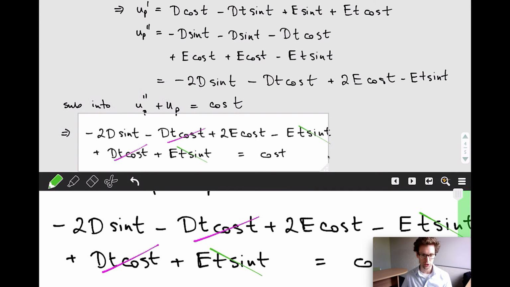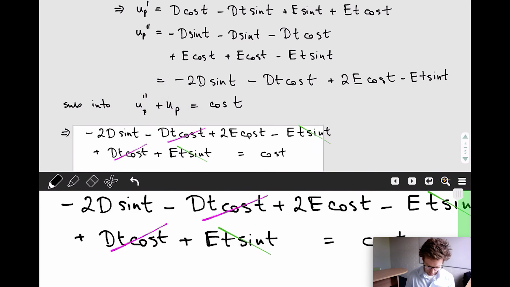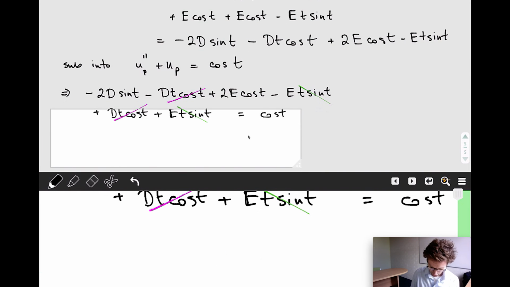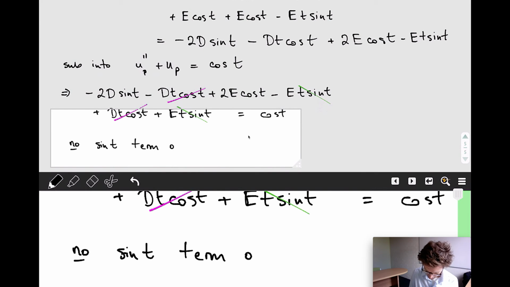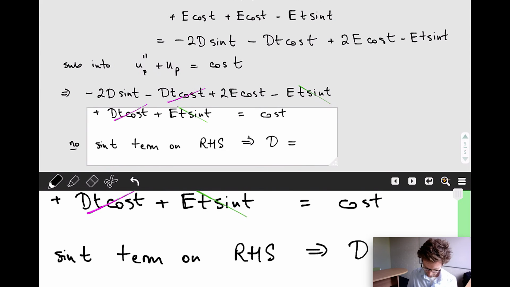So we can match the terms appearing on the right-hand side with the corresponding terms appearing on the left-hand side. You can see that there is no sine t term on the right-hand side, which implies that d must be equal to 0.